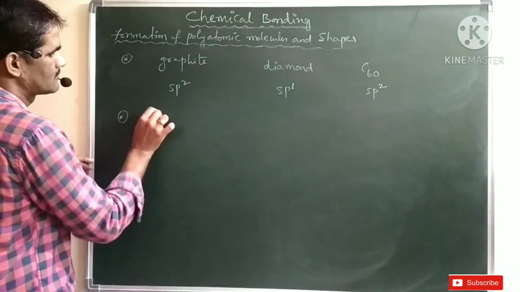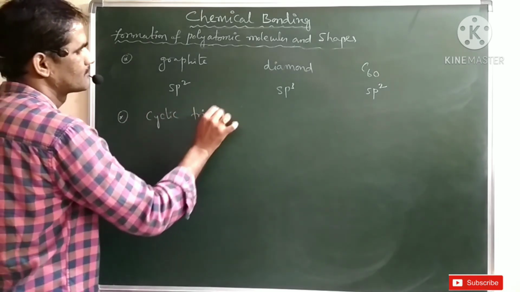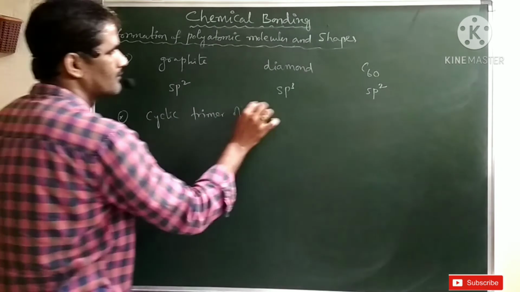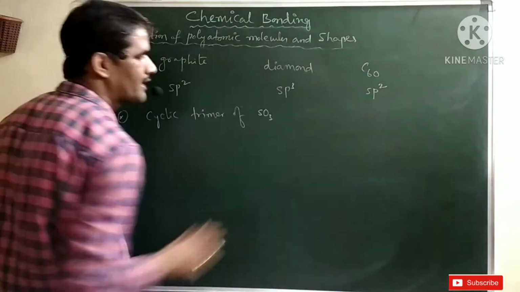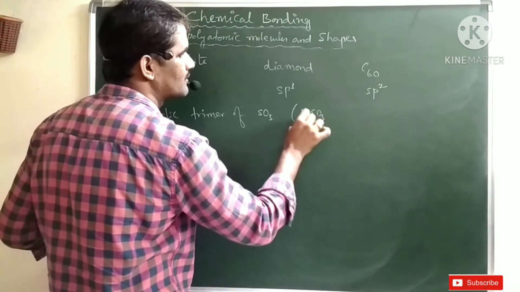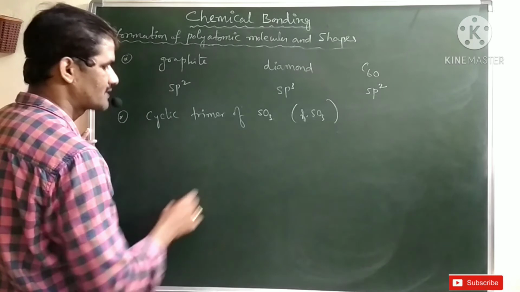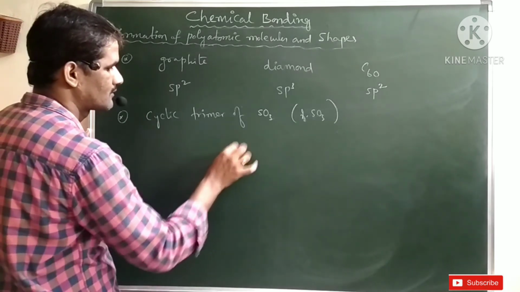And next, cyclic trimer of SO3. Cyclic trimer of SO3 is also called gamma SO3. The structure of gamma SO3 is like this, cyclic trimer.